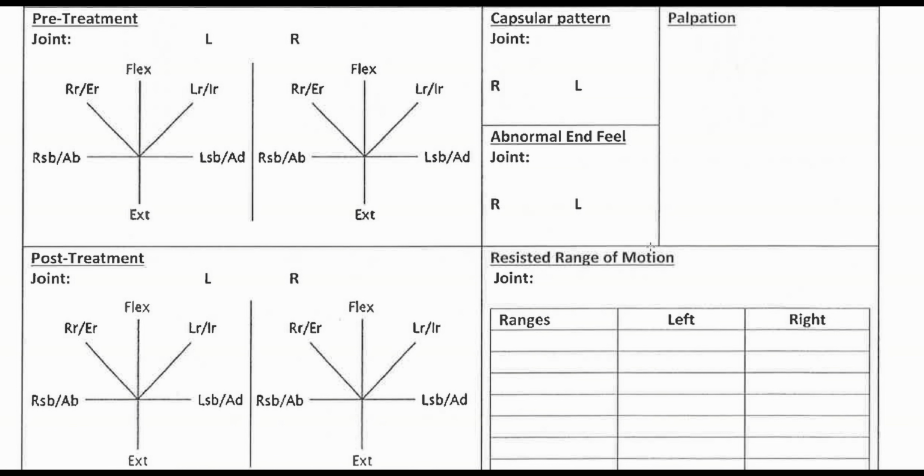Now this is where it gets a little bit confusing sometimes. Tissue stretch can be seen as a normal end feel and an abnormal end feel, just like a tight muscle. So the idea is that what we are looking for is it's tight, so we couldn't reach the full range of motion. That's why it's abnormal end feel, even though it's technically the same end feel that you would feel.